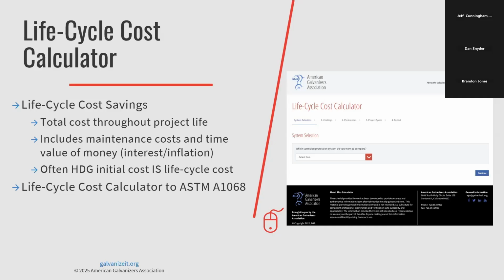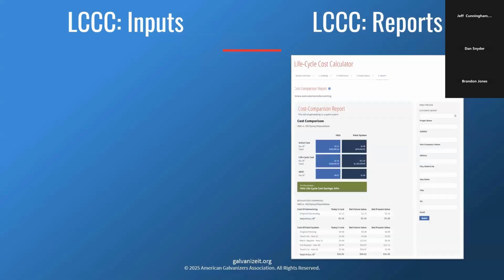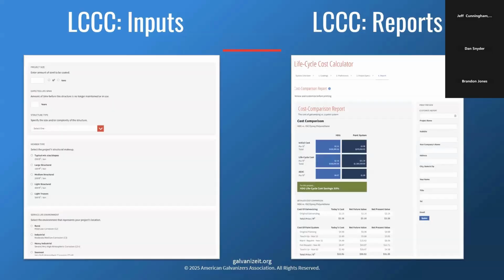The life cycle cost calculator is to ASTM A1068. I highly recommend everybody go ahead and try one of these. It's pretty cool. You put in your project parameters, and then it spits out a nice cost comparison report. You can even download it as a PDF. You can even put in your email and send it to yourself or send it to somebody, if you're comparing job notes and stuff like that.